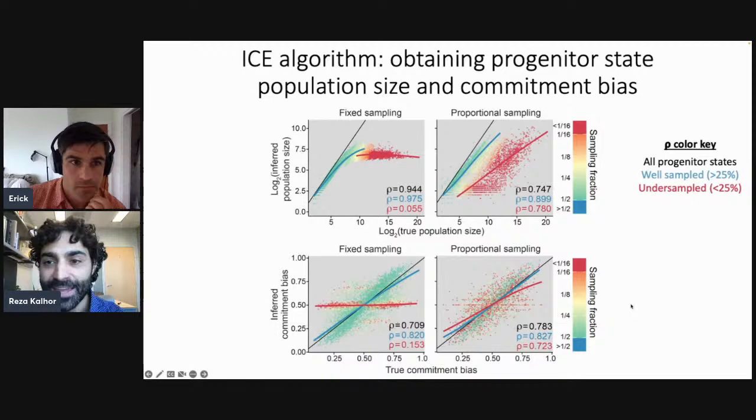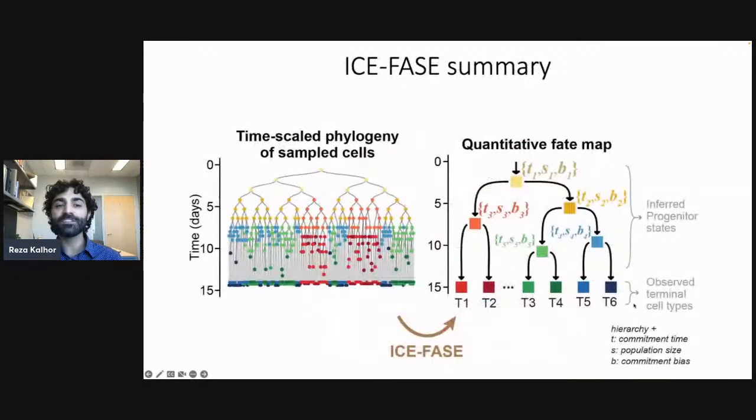All right, thank you. So just to summarize this part of what I have presented so far, this is what we call the ICE-FASE algorithm, which basically uses the internal nodes of the phylogenetic tree, or a time-scaled phylogeny of sampled cells that have fate information, as chronometers of how these progenitor states are behaving.